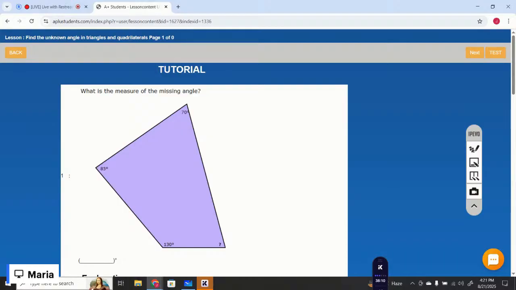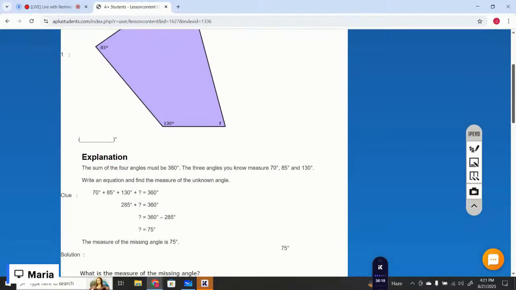What is the measure of the missing angle? So that is a four-sided shape, right? So the sum of the angles in a four-sided shape must be 360. So we are given three of the angles. We need to calculate the fourth one. So just add the three given angles and subtract them from 360 because we need to find the missing angle.